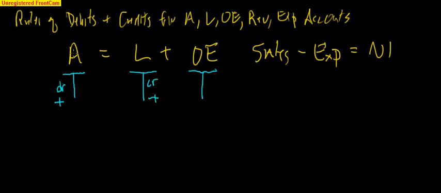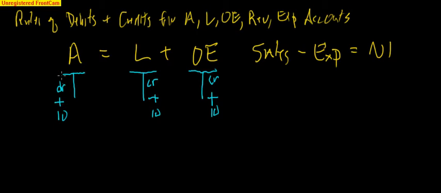If the positive on the asset is on the left side, then the positive on the liability must be on the right side. And the positive on the owner's equity must also be on the right side. Why? Because I know these things have to equal. And if I put $10 here, I've got to put $10 over there or $10 over there. Somehow I have to have credits of $10 to equal that $10 of debits. So visually you can think of it that way.